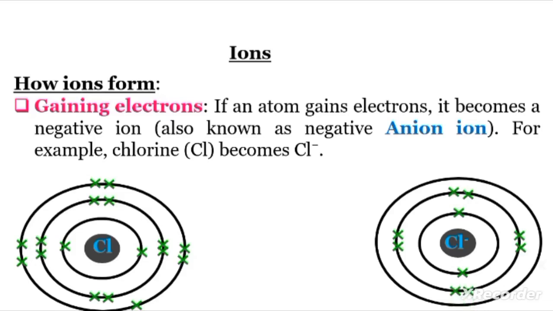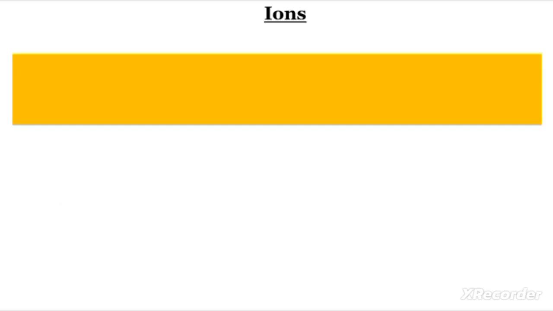Remember, chlorine had 7 electrons in the outermost shell, so after gaining 1 electron it has 8 electrons in the outermost shell. So ions can also form by gaining electrons.